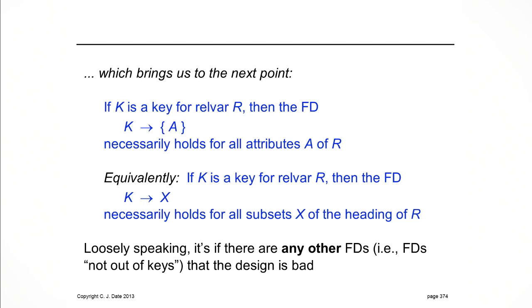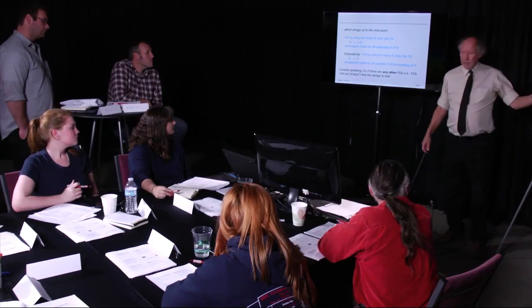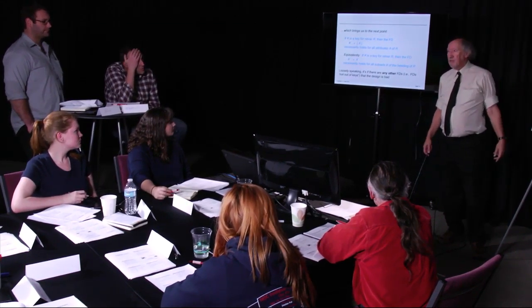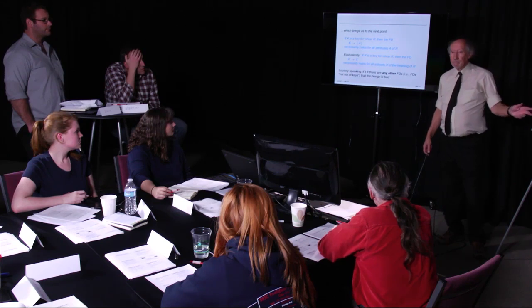So there's always these arrows out of keys. You can never get rid of those. Loosely speaking, it's if there are any other arrows that we have a problem. The problem with this thing here is going to be that there are arrows that are not arrows out of keys. That's what causes the trouble.